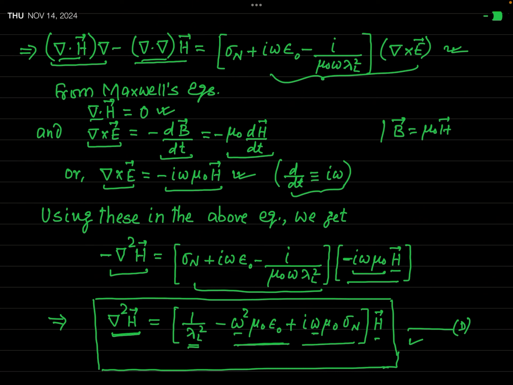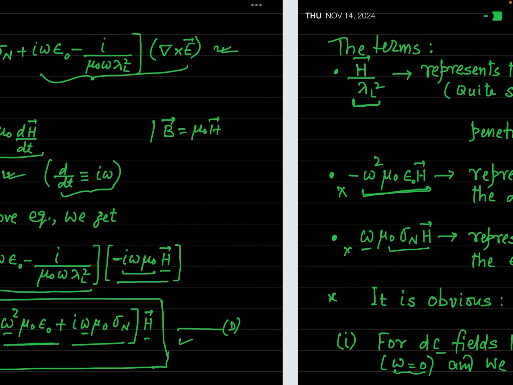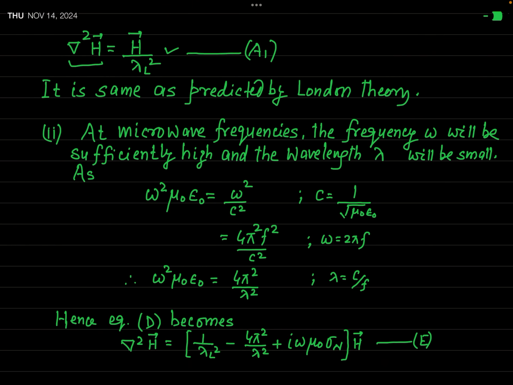So our result is del square H equal to H over lambda L square. And if you remember our previous lecture on London equation, this result was the same as predicted by London.